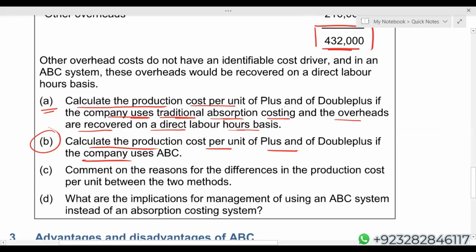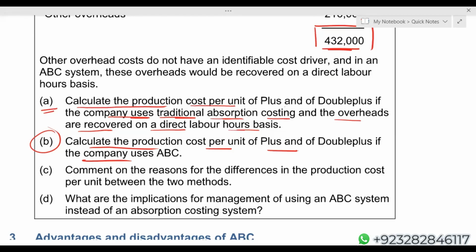Direct cost means direct material, direct labor, and direct expense if there is any. A direct expense is not direct material or direct labor, but you still have to bear it. An example is a royalty payment.